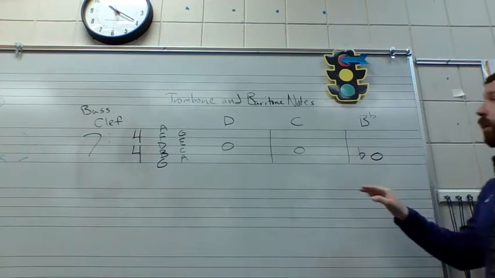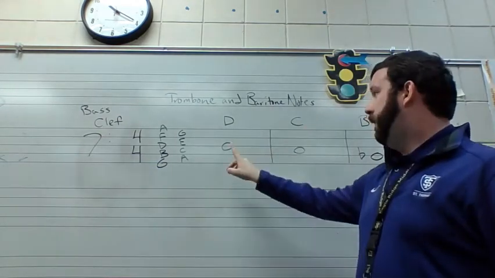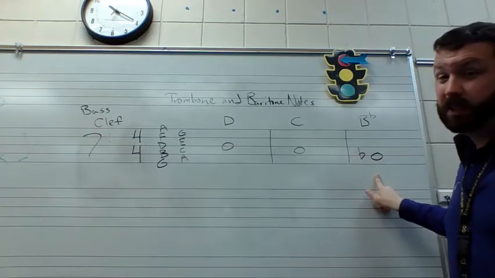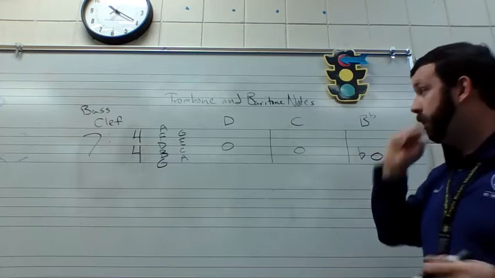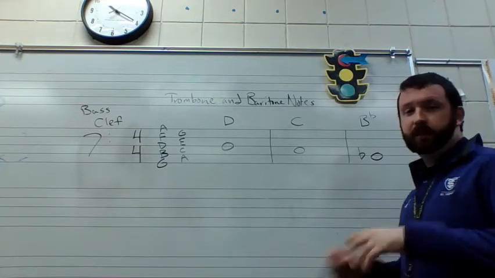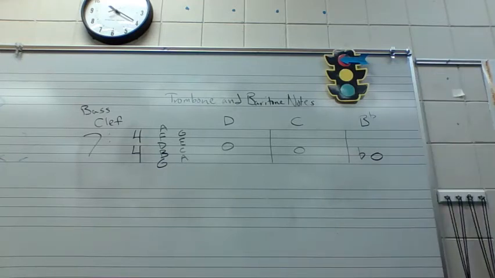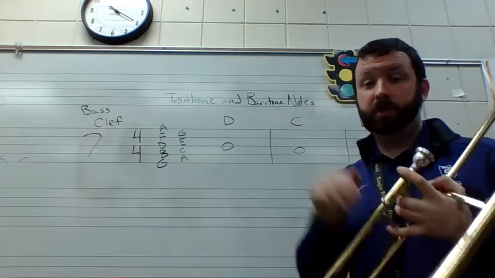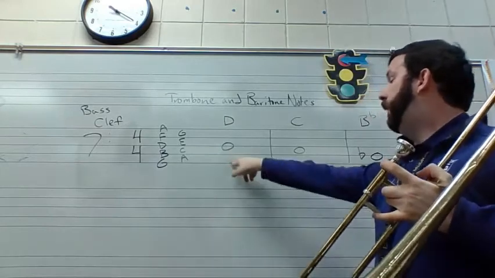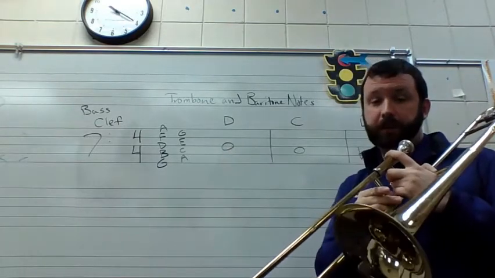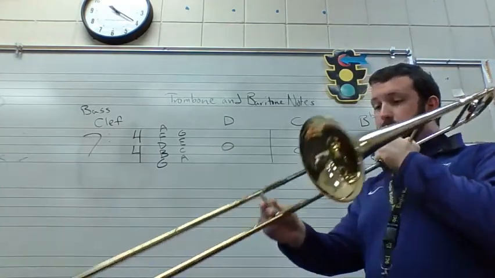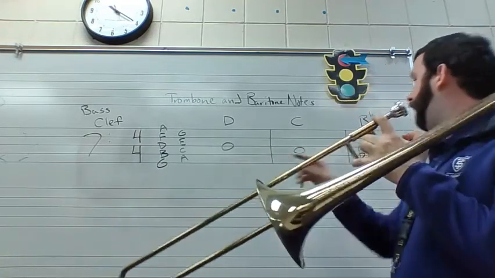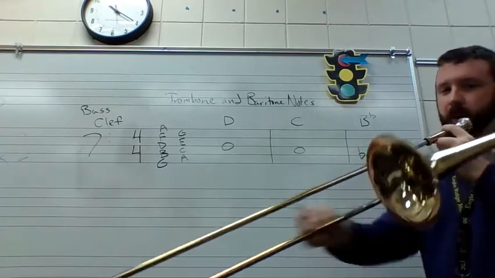Something else important to remember is that the notes are written on the staff based on how high or how low they sound to your ears. Again, I'm going to demonstrate on trombone, but if you're a baritone player, it's the same exact notes. You just use valves instead of the slide. The first note, D, is the highest note that we've learned so far. Then C is a little bit lower.